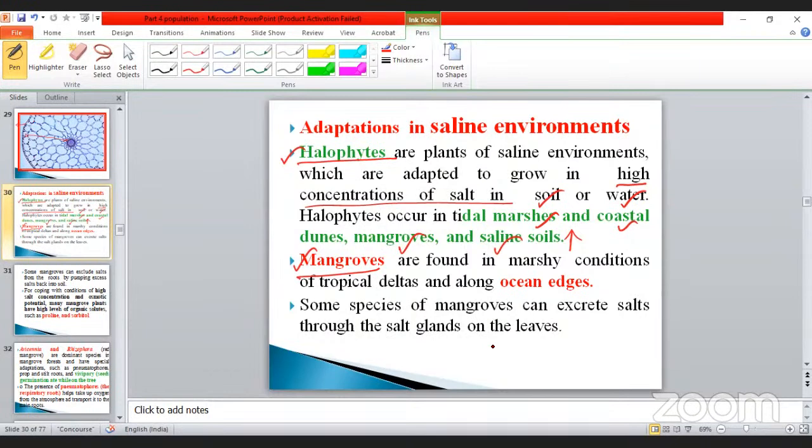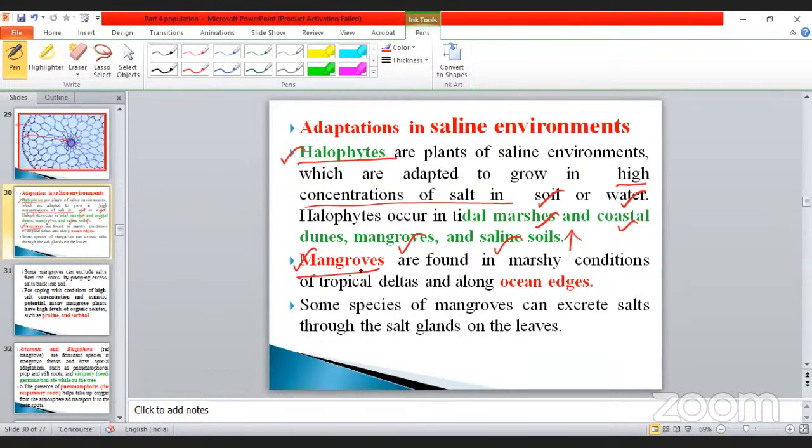Suppose we are living. Why are we living? What is the reason? Without oxygen, we cannot survive, isn't it, my dear? Just imagine in this particular marshy area, the oxygen concentration will be very less in nature.